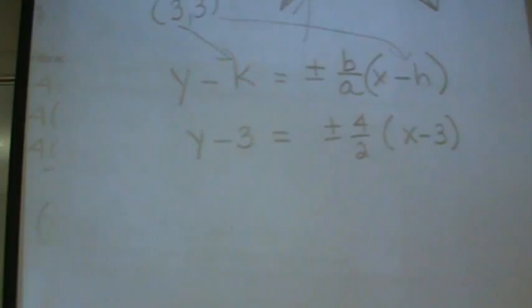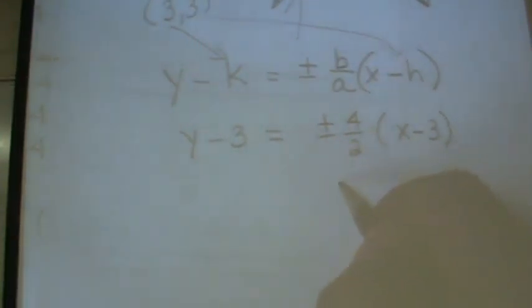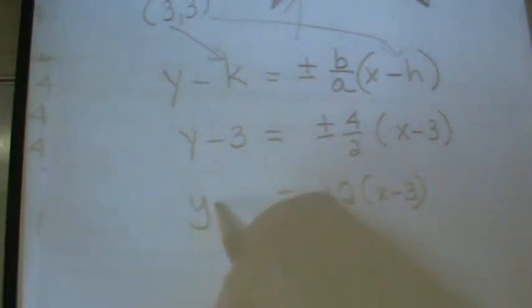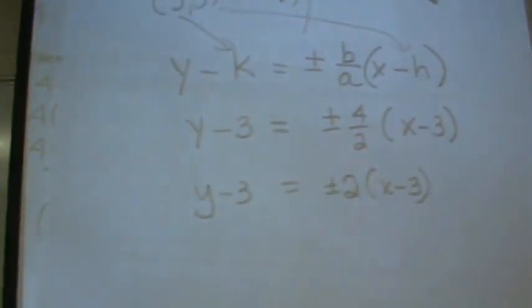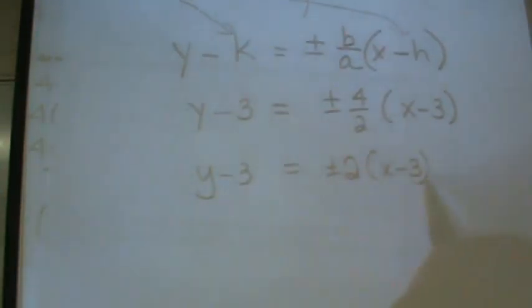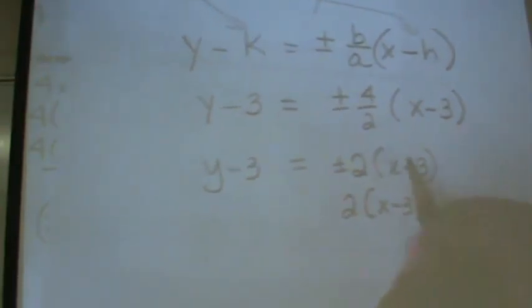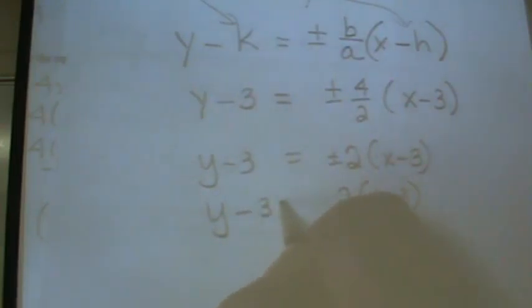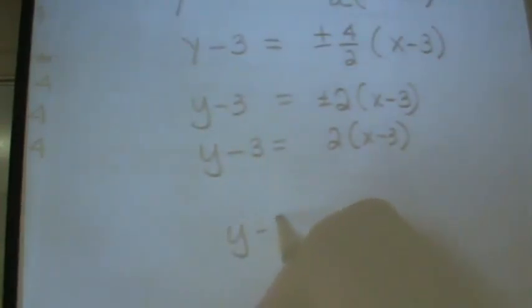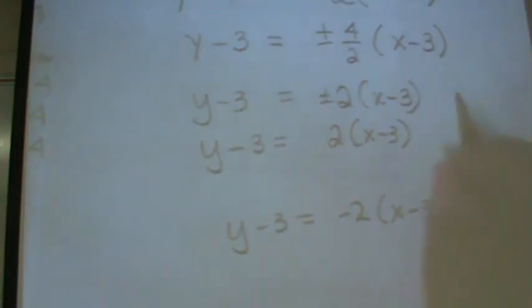And what you could do is simplify this some more. You can write plus or minus 2, and then distribute. So there are 2 actual equations here. So if you did 2 times (x minus 3), or negative 2 times (x minus 3), and then distribute.